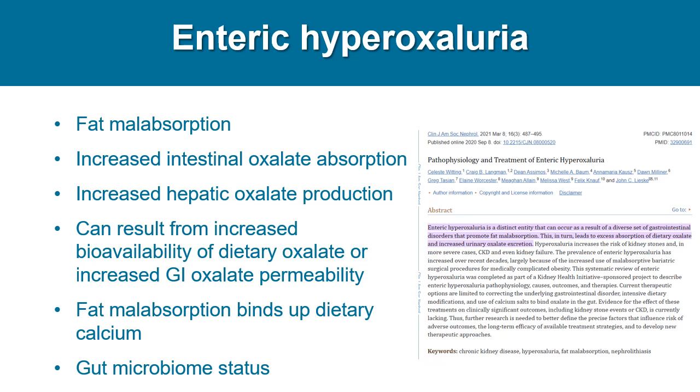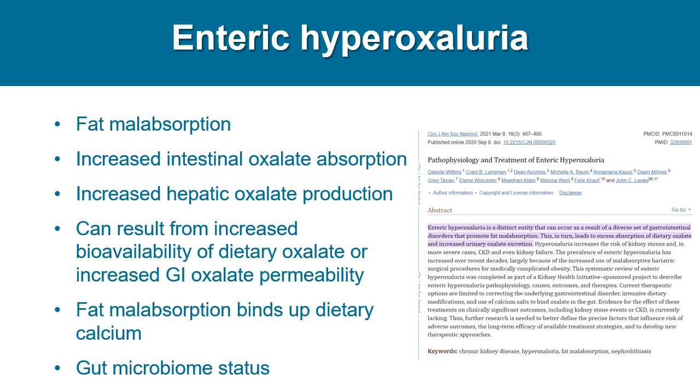And the bioavailability of dietary oxalate is determined by the calcium content of ingested food, like I just told you, because calcium can form insoluble calcium oxalate salts, and they're eliminated in the stool. So an increase in dietary intake of free fatty acids or their malabsorption in the small intestine, this is coming directly from this journal, can result in increased fat delivery to the colon where it can bind dietary calcium and increase free oxalate that can be absorbed into the bloodstream.